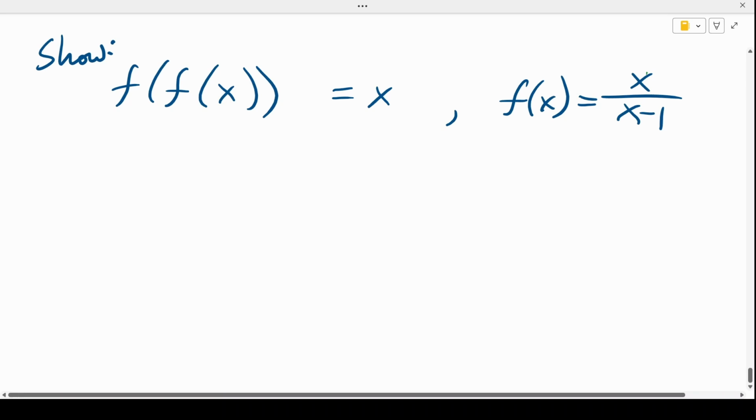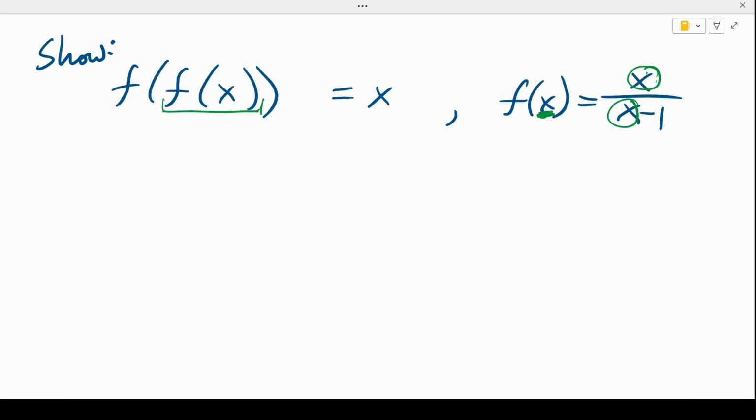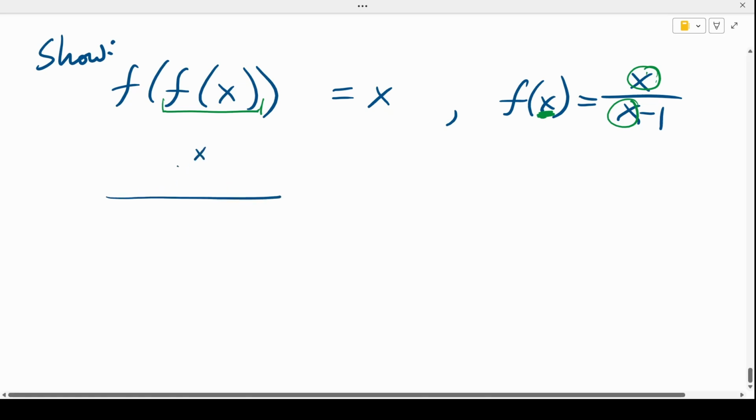Okay, so f of f of x. Well, f of x is the argument to f, and so everywhere we see an x, we're going to put our argument. Here and here, we'll put the argument, and the argument is the function itself. So this is going to be x over x minus 1.